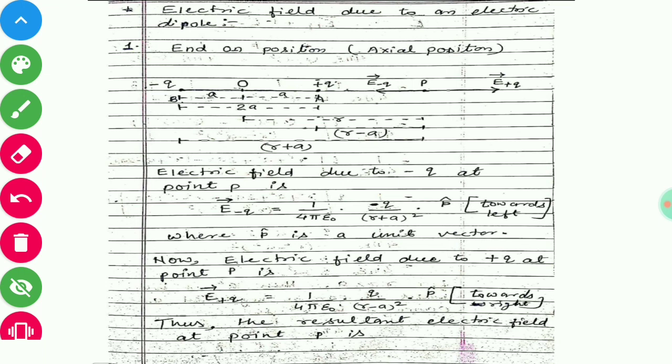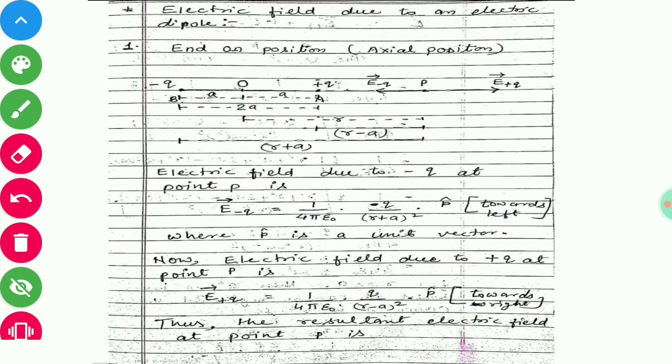Now let us assume the distance from the center of the dipole O to point P is R. O to P distance is R. Now O is the midpoint, so from point B to point O the distance is A, and from O to A the distance is also A, because O is the midpoint of the electric dipole.